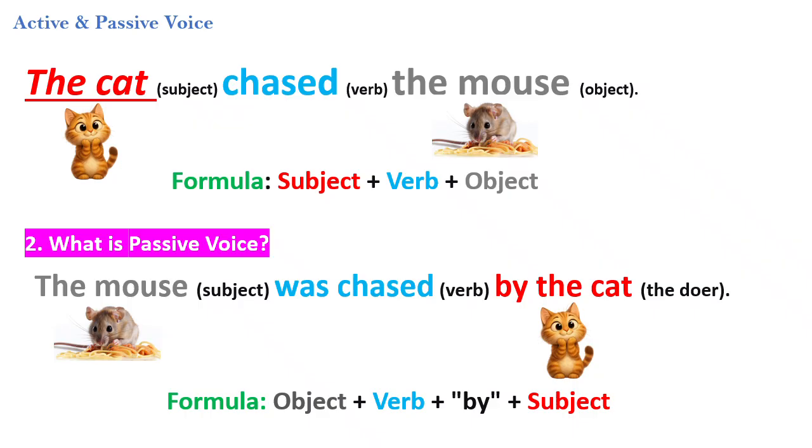The mouse is singular, so we are using was. Once again, the mouse was chased by the cat, right? We can see the cat, which was the subject, has changed its place and come to the end of the sentence, and the mouse has gone to the place of the cat, right?